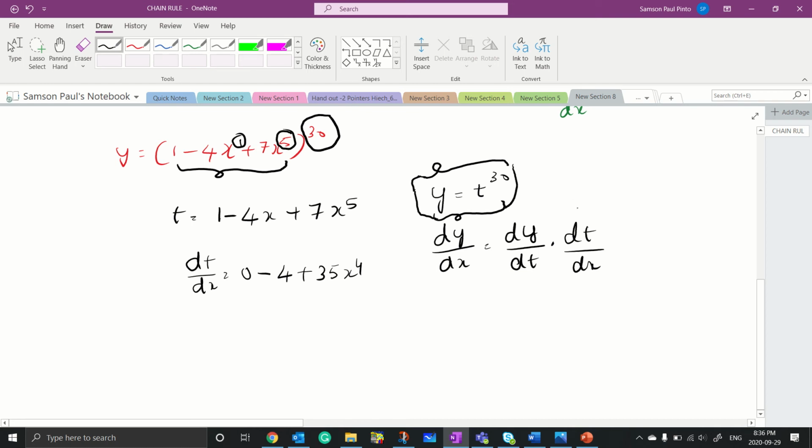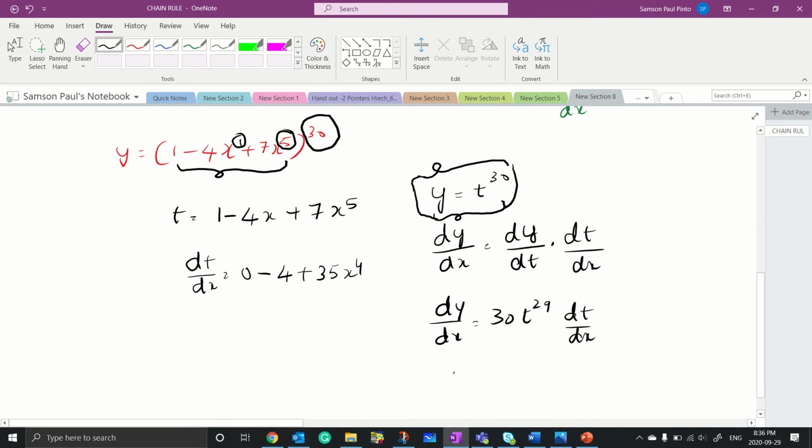But I think now in this problem I can explain it in more detail. Now dt will get cancelled and you will get dy by dx. So first you differentiate y with respect to t. So you find dy by dx equals dy by dt into dt by dx, that is 30 t to the power of 29 and dt by dx.